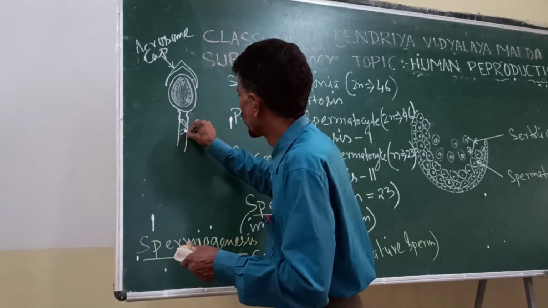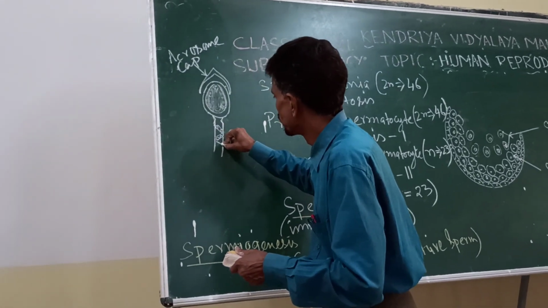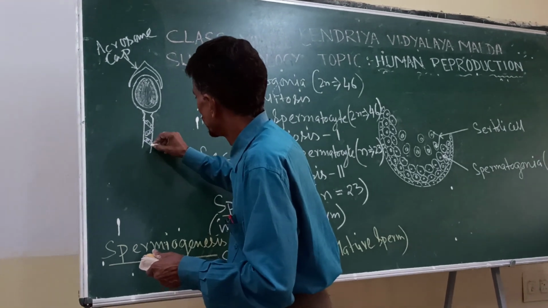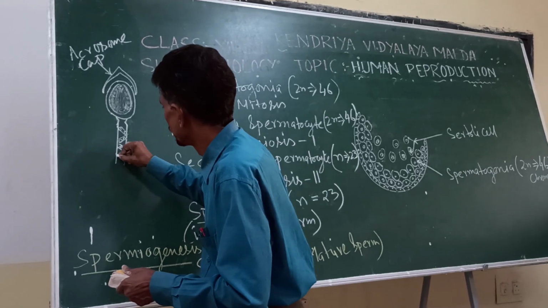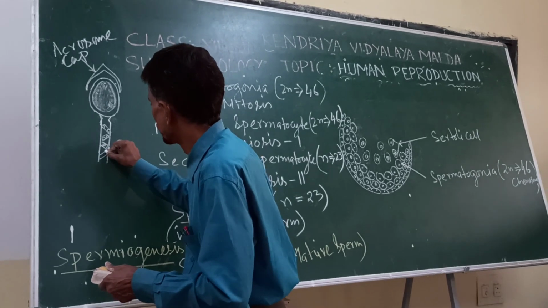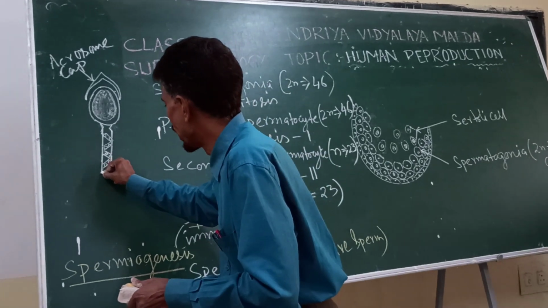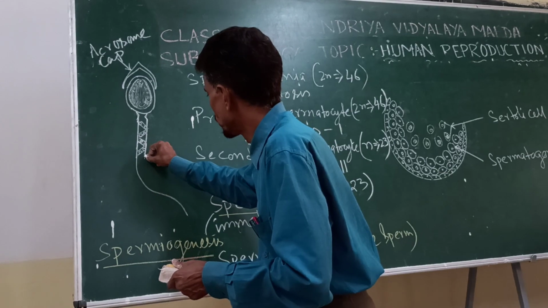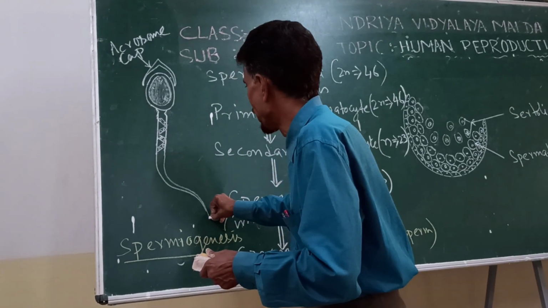These are the mitochondria. Gradually it becomes narrow to form the tail.